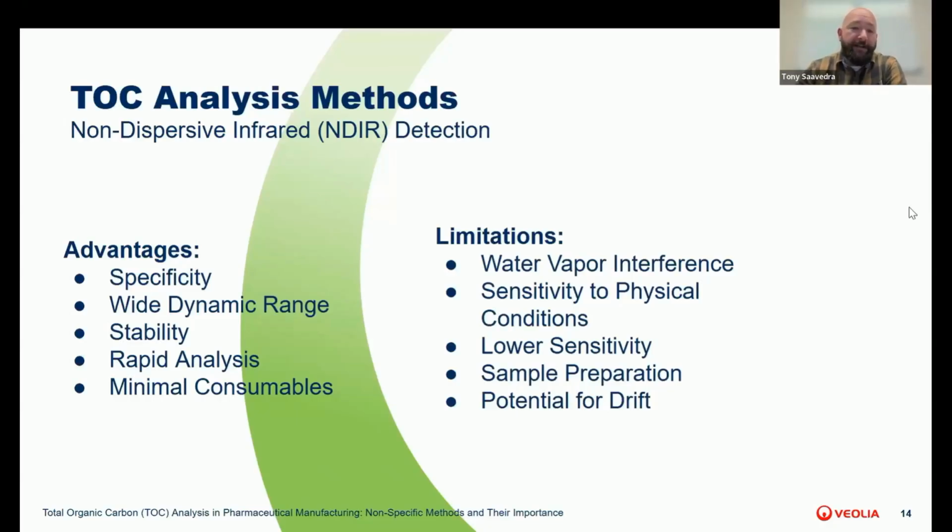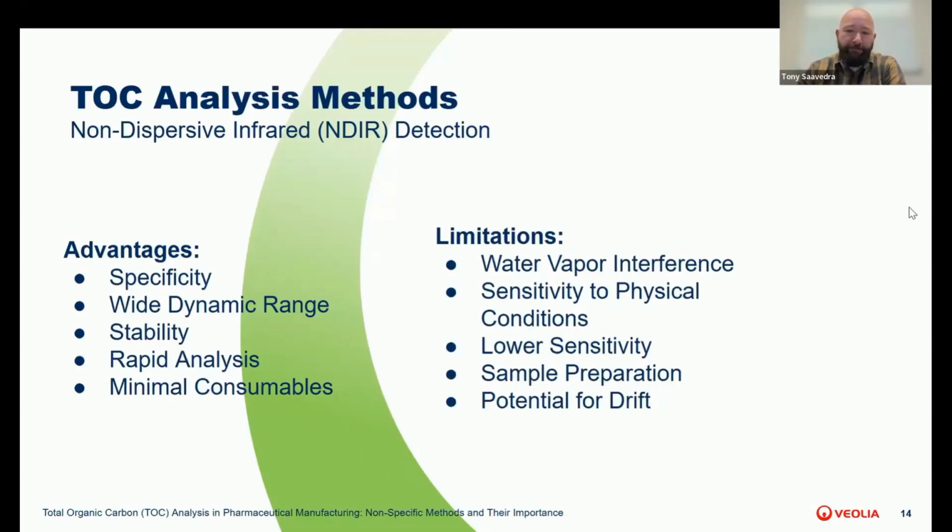However, NDIR detection does have some limitations. For example, water vapor can interfere with the accuracy and the sensitivity of the analysis. This is because water vapor also absorbs infrared light, potentially leading to overestimation of TOC levels. Another limitation is that NDIR detectors can also be affected by temperature fluctuations and physical shocks, requiring careful control of the analytical environment. Also, while this method does have a wide dynamic range, it may not be as sensitive as other methods.